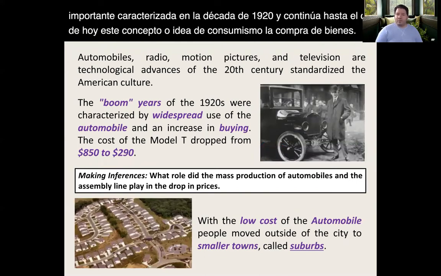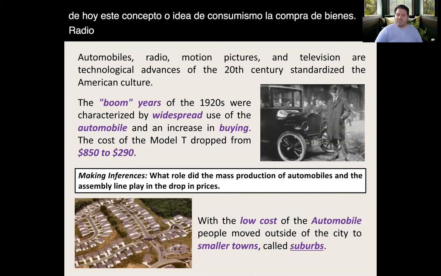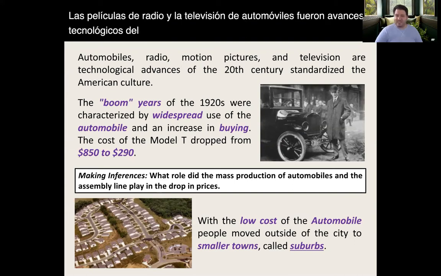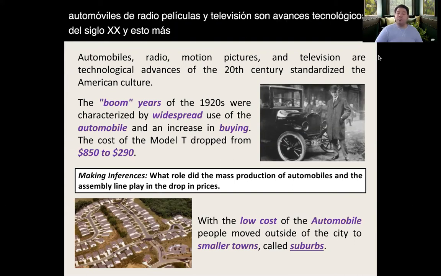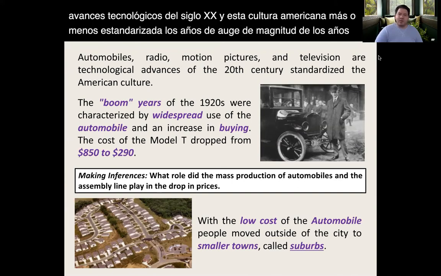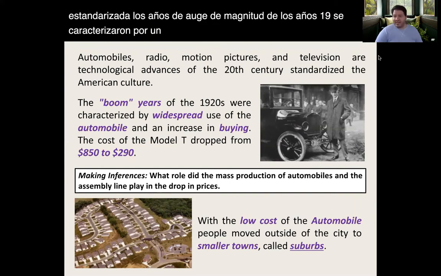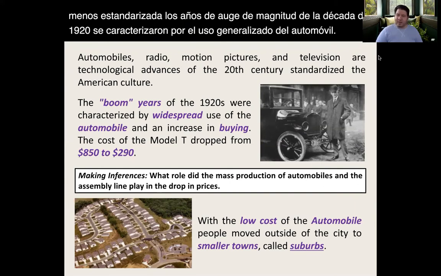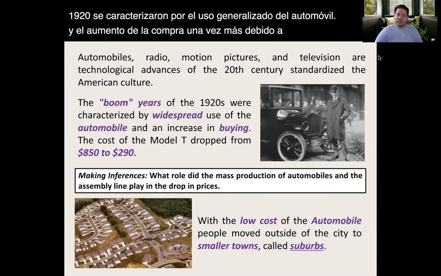Automobiles, radio, motion pictures, and television were technological advances of the 20th century, and this pretty much standardized American culture. The boom years of the 1920s were characterized by widespread use of the automobile and increased buying, once again due to the option of purchasing through credit.